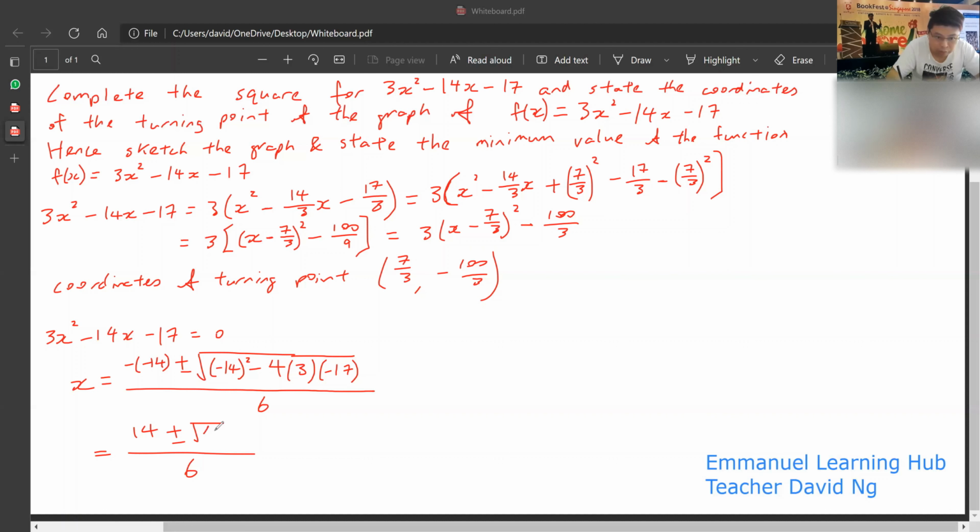Okay, this is 400. Okay, 17/3 or -1. So you can sketch the graph now, right? Yeah. Correct, you have all the ingredient now, right?